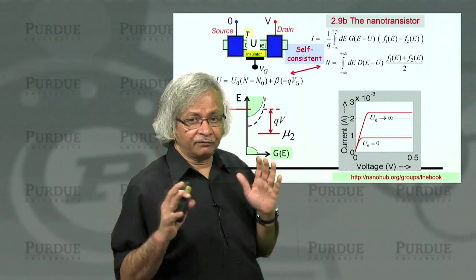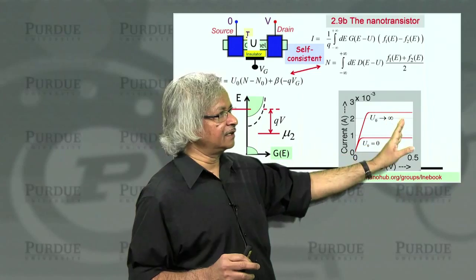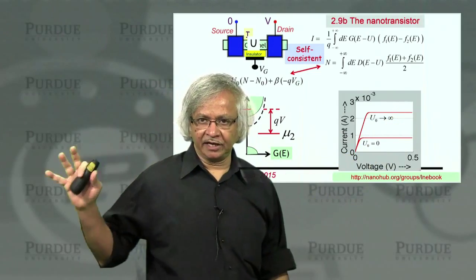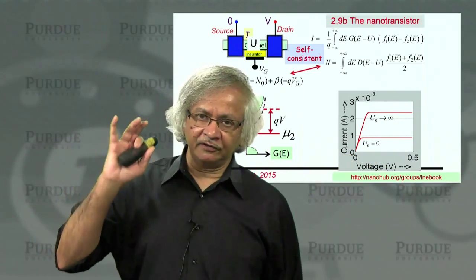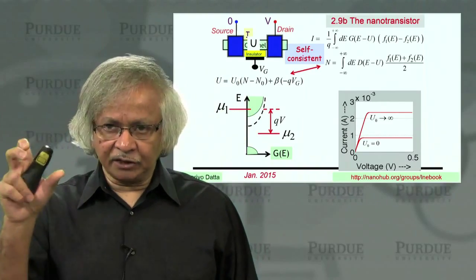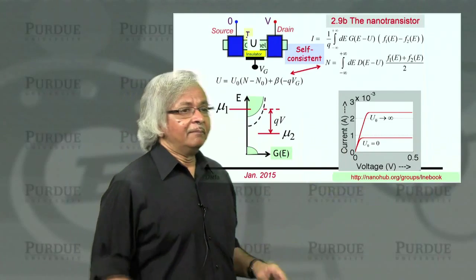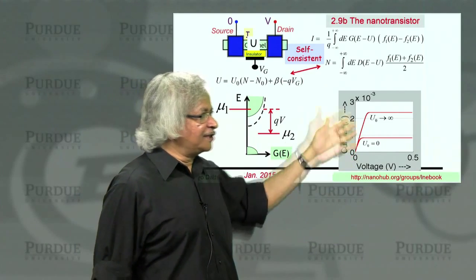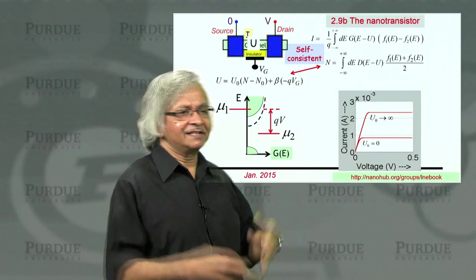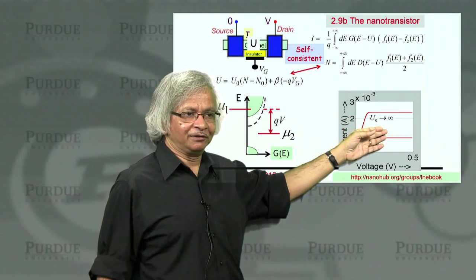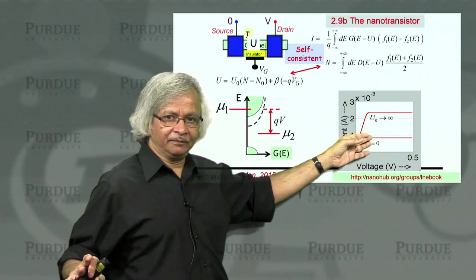So what you really want for a good transistor is that the current is controlled entirely by your gate and not at all affected by the actual voltage between the source and the drain. That's what you'd really like. But the point is, this model seems to predict that this just comes easily. You don't even have to worry about it. But that's not true at all.